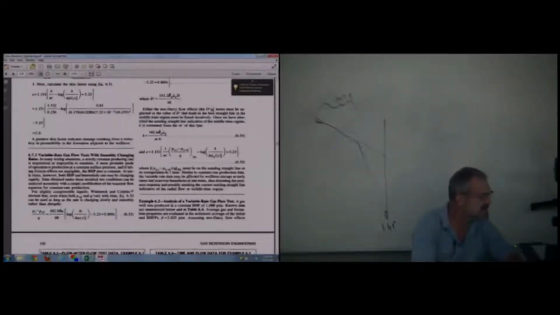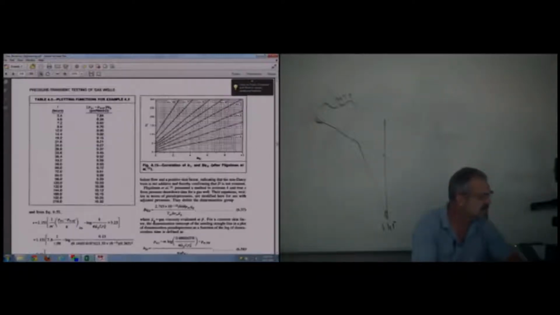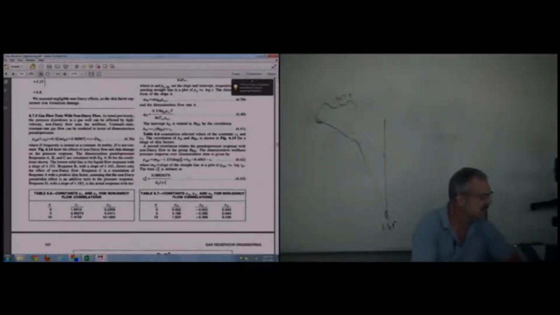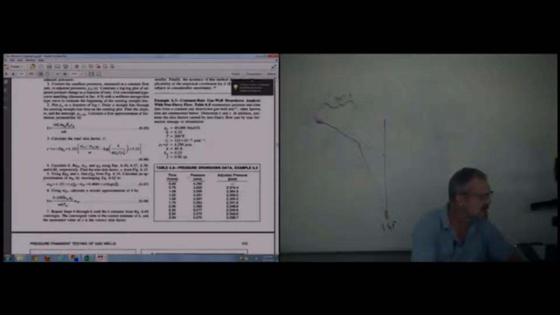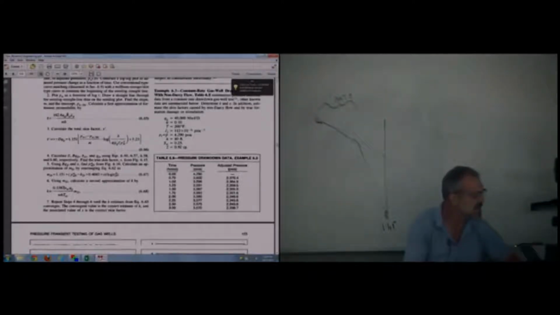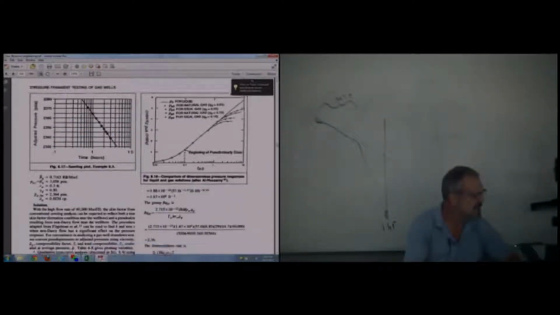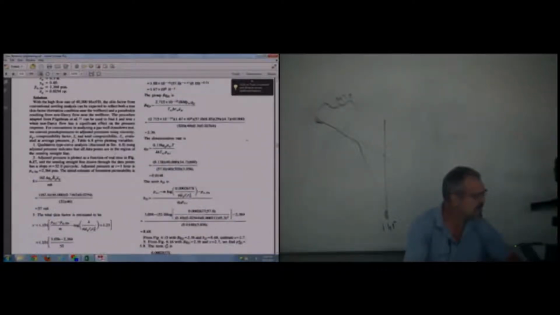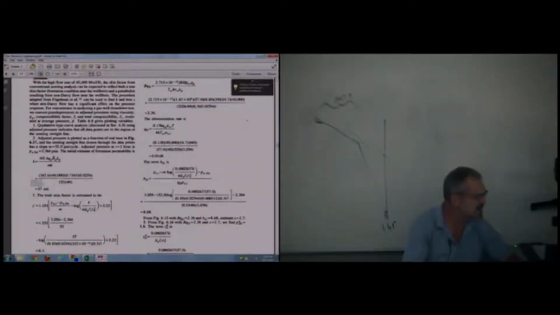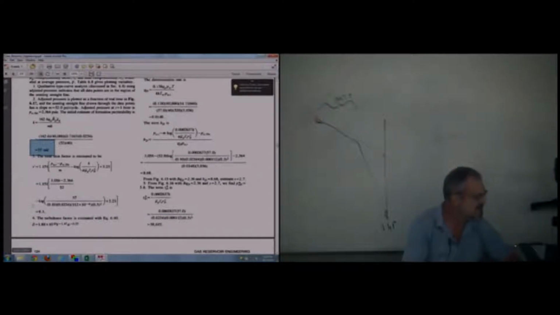We're after this. 6.3. So after getting a perm of 57 and a large skin, let's just look at the steps they did.